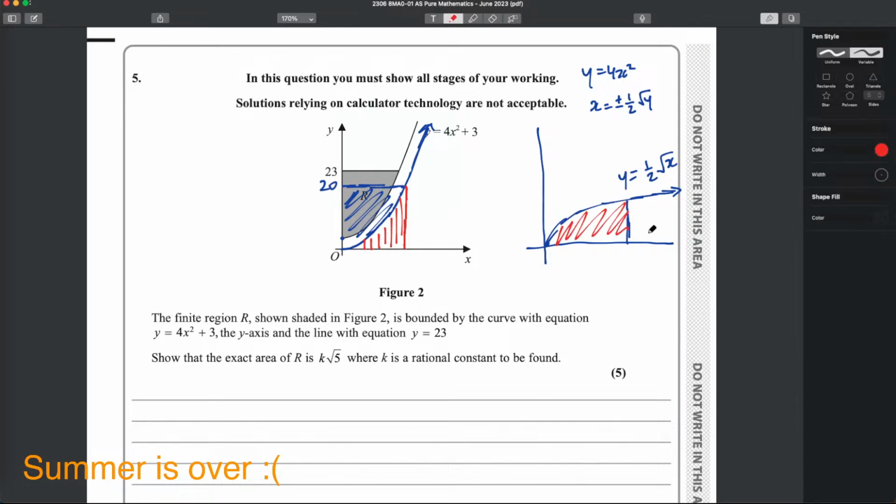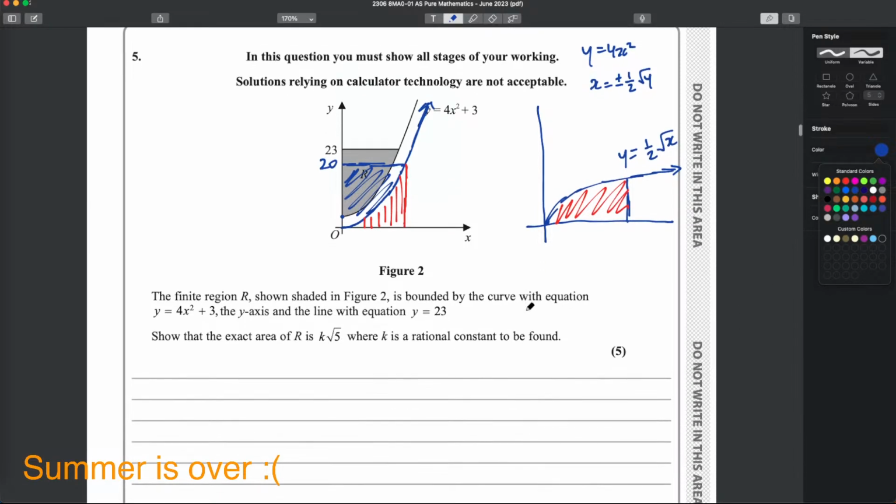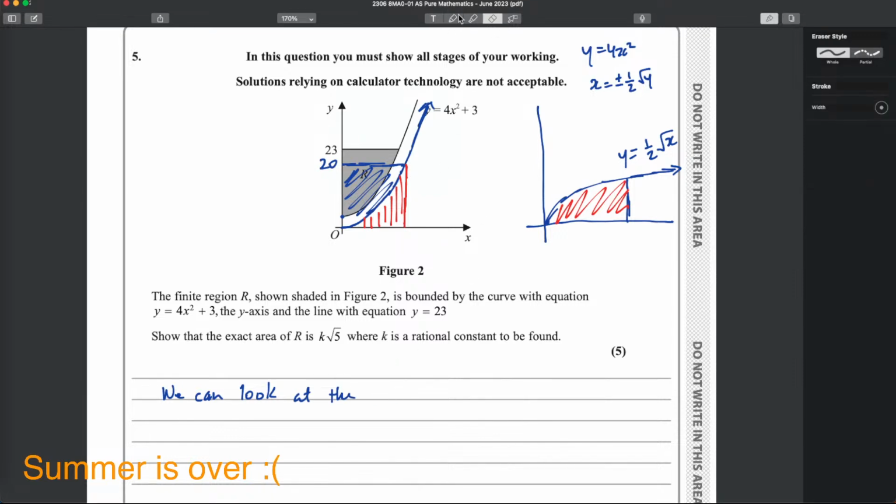Oh, that's nice. Cool. Alright, let's do it this way. It's more fun. So, let's say we can look at the equivalent area under y equals a half root x.